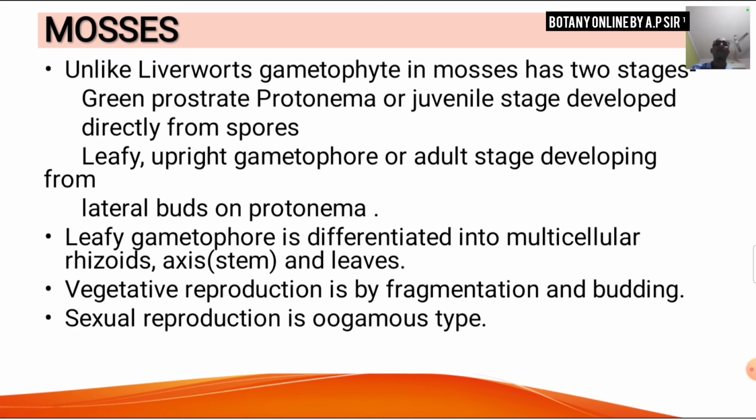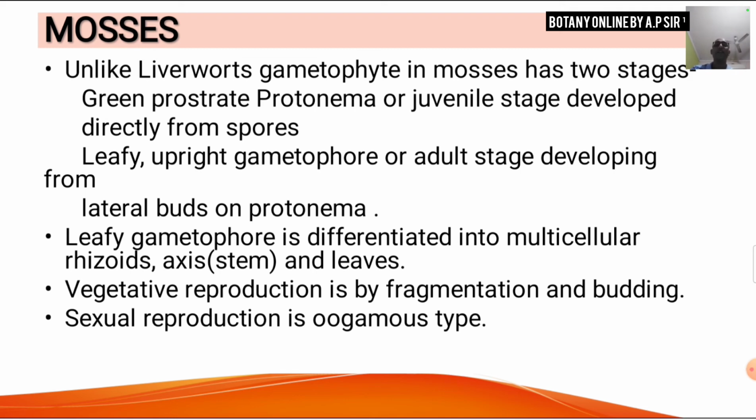After that, the protonema grows and attains an adult stage, and it becomes the leafy upright gametophore, which develops from lateral buds present on the protonema. Got it?